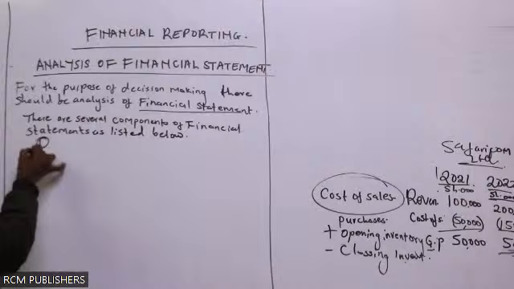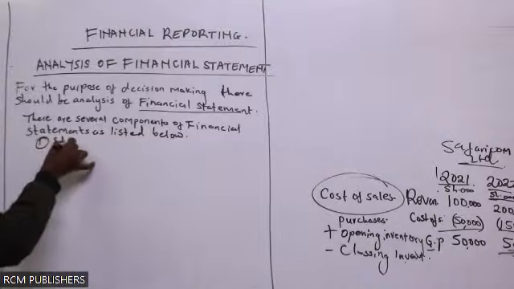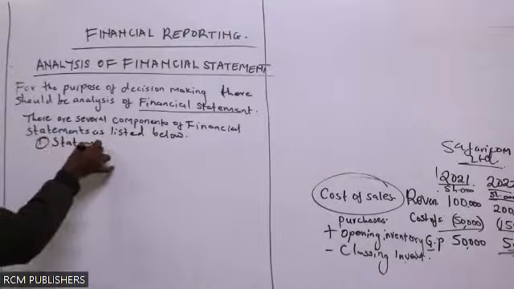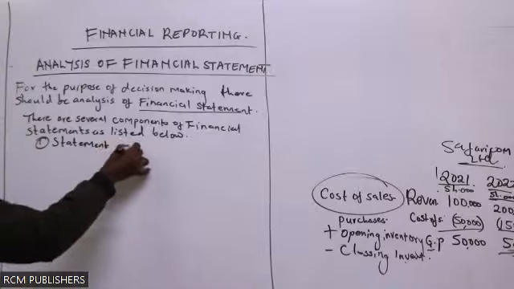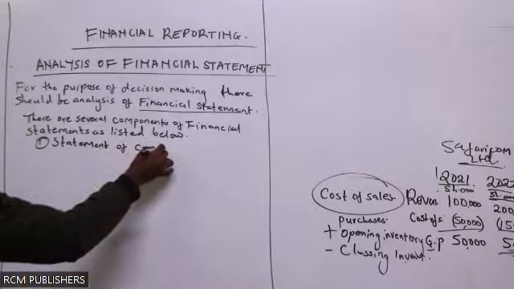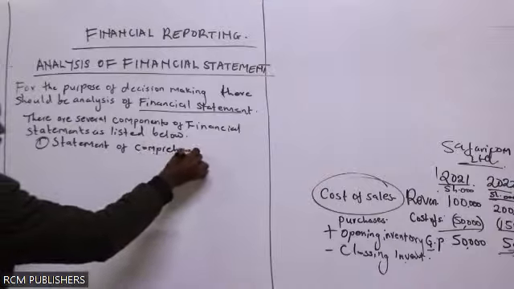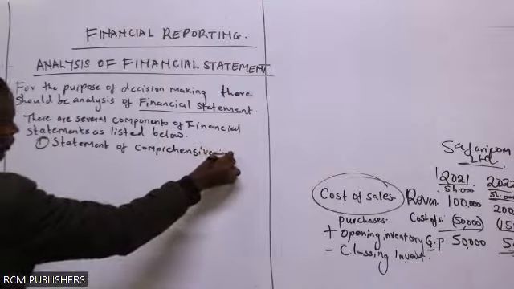So we can have one, the statement of comprehensive income.